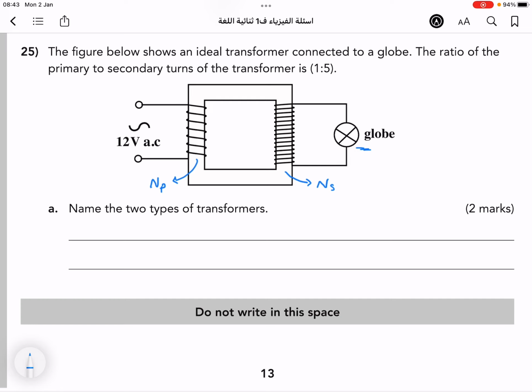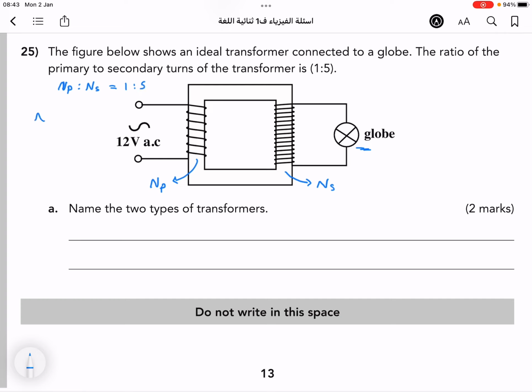It says the ratio of the primary to secondary turns of the transformer is 1:5. So the ratio of the primary coil, NP, to the secondary coil NS equals 1:5.